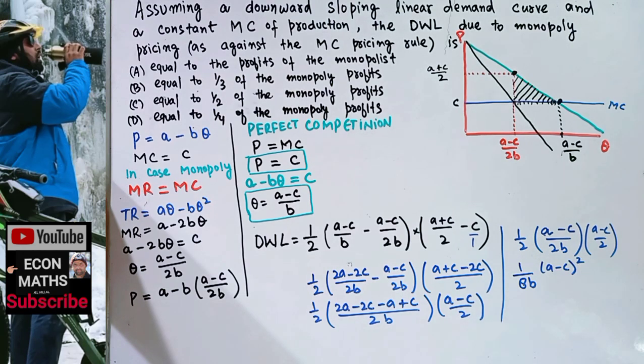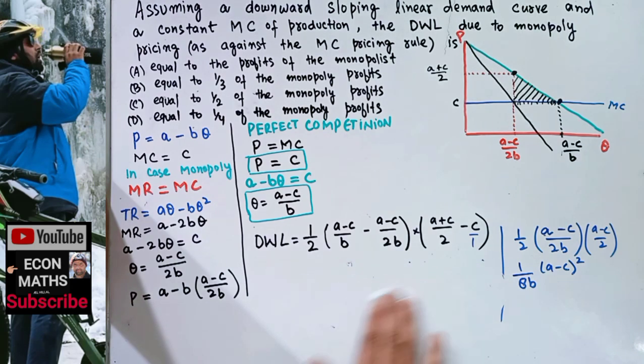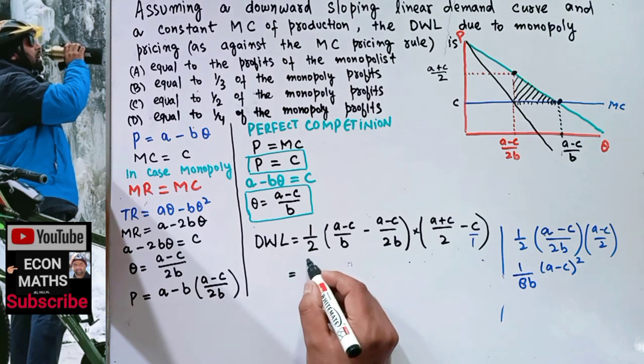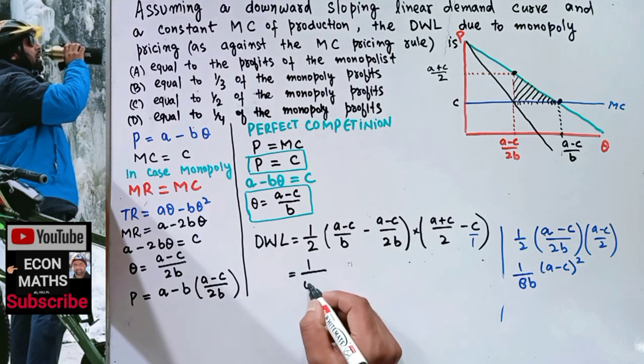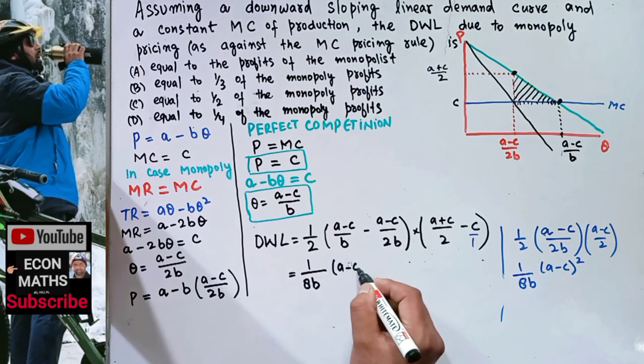Okay, now let me rub this out. When I solved this, I got deadweight loss of this magnitude. So our deadweight loss will be equal to 1 divided by 8b times (a minus c) whole square.